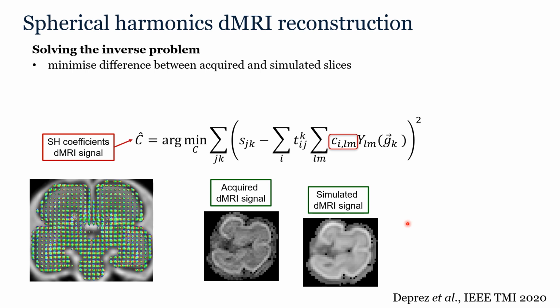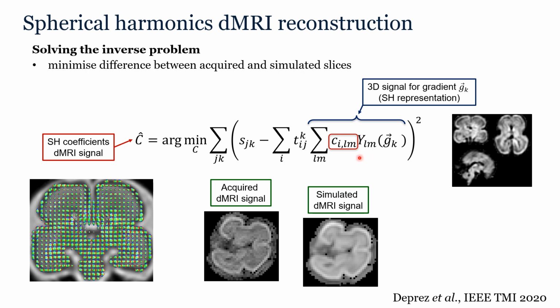So what we try to find is the spherical harmonic coefficients C. And when we calculate the linear combination with the spherical harmonic basis functions, which are Y, and sample it in the gradient direction G, we will get the 3D signal for the gradient G, which is the diffusion weighted volume.